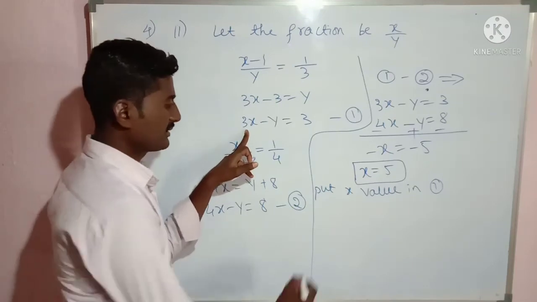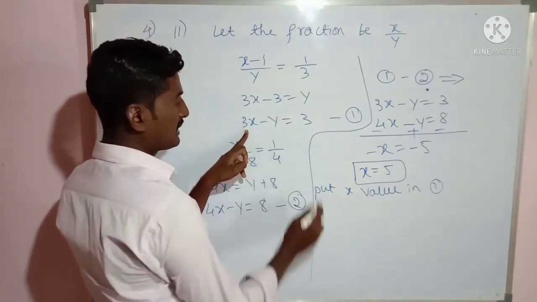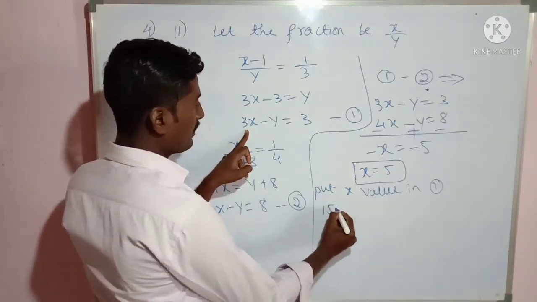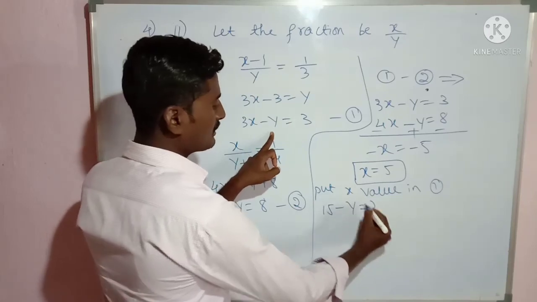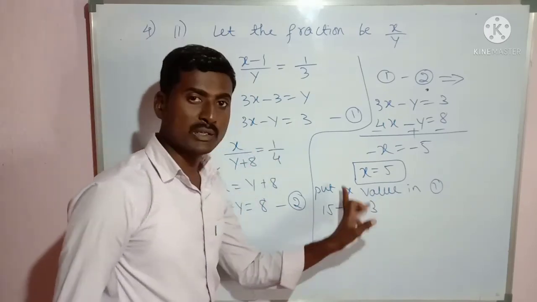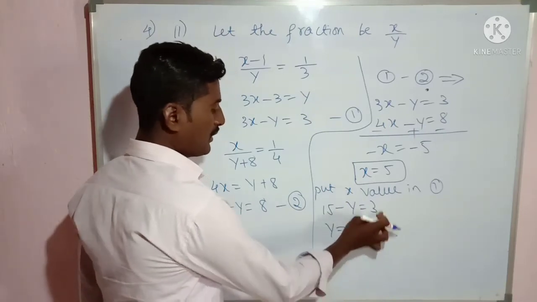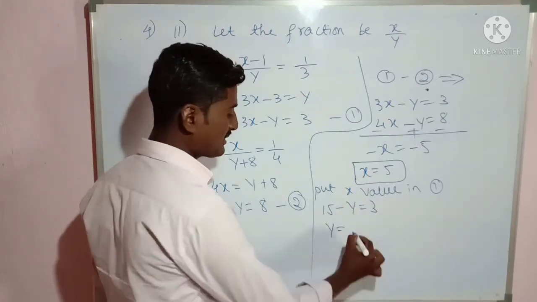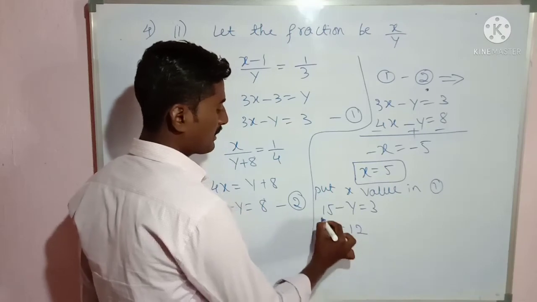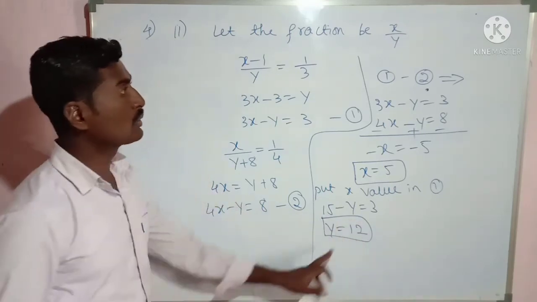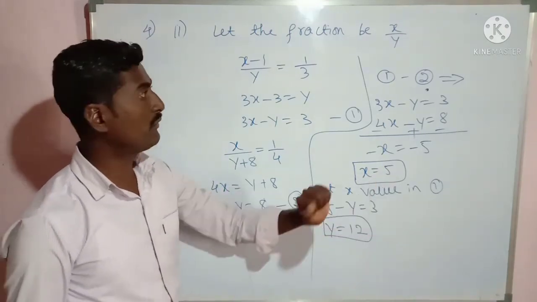Now this is 3 into 5, 3 5s are 15, minus y is equal to 3. Now we take this y to the right side and 3 to the left side. Y is equal to 15 minus 3, that is 12. So here y equal to 12 and x equal to 5.